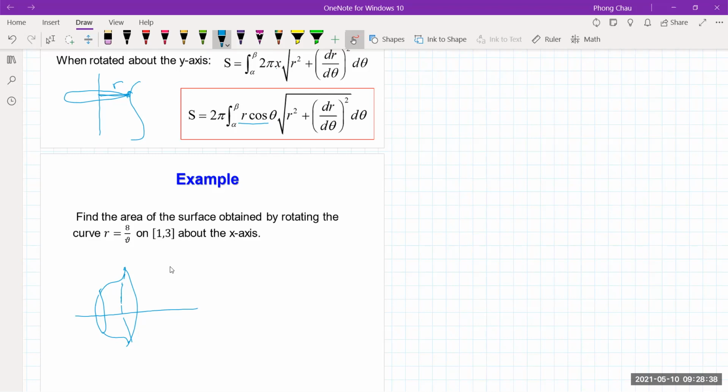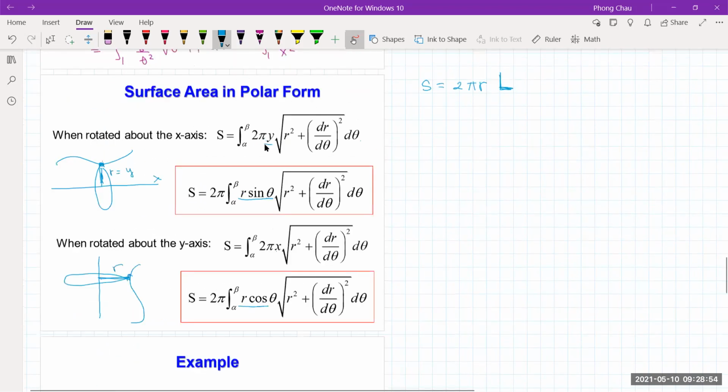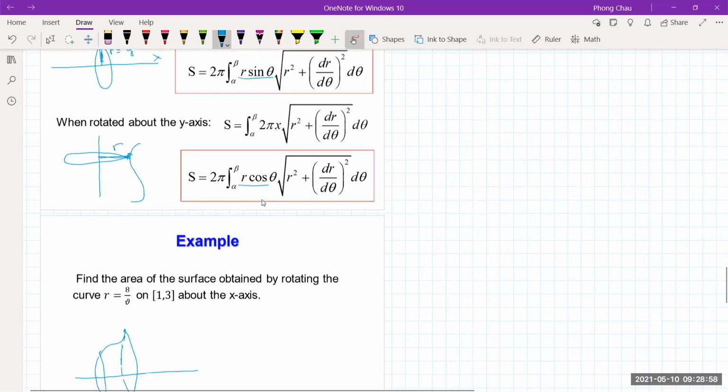So the setup again will be exactly the same as above, except you will need to multiply by 2 pi radius. Simply rotating about the x-axis, the radius will be y, so 2 pi y, or 2 pi r sine theta.